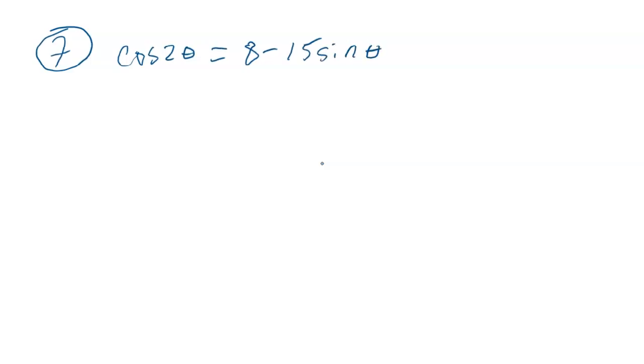All right, 7. We have cosine 2 theta is equal to 8 minus 15 sine theta. Again, I need to get everything in terms of sine. It's really hard to get sine in terms of cosine, but it's easy to get cosine 2 theta in terms of sine.